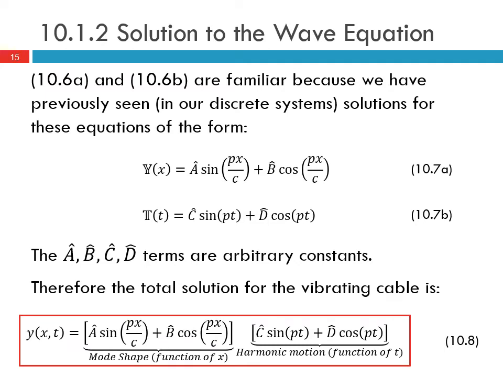So the total solution for the vibrating cable is y of x and t equals a hat sine px over c plus b hat cosine px over c, all multiplied by c hat sine pt plus d hat cosine pt. The first bit is the mode shape, which is a function of x, and the second bit is the harmonic motion, which is a function of t.